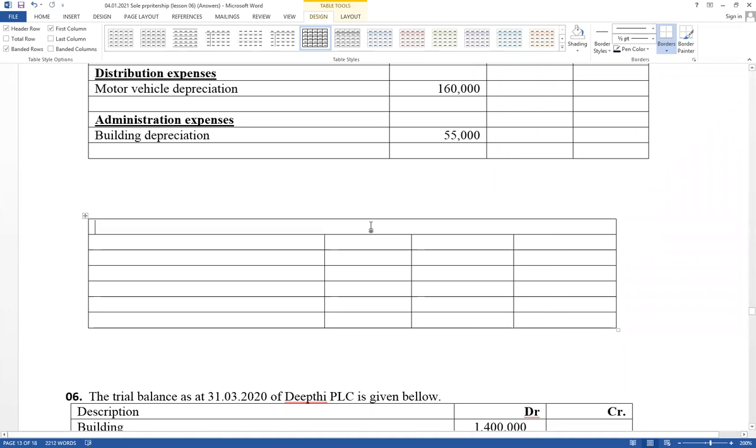You have to know how to calculate and how to record in the ledger accounts, as well as how to disclose on the financial statement.